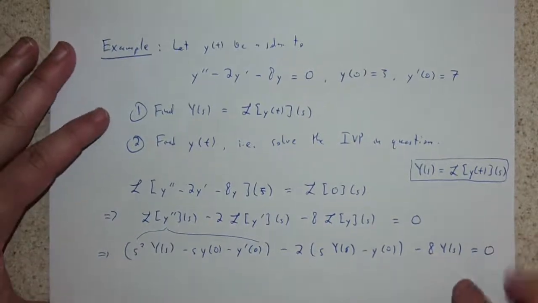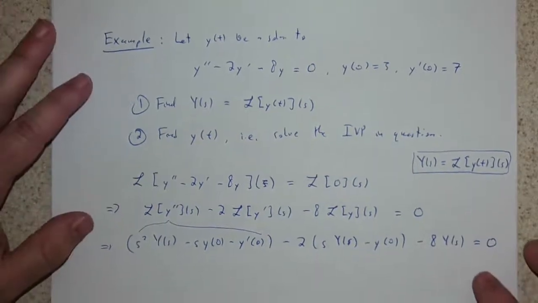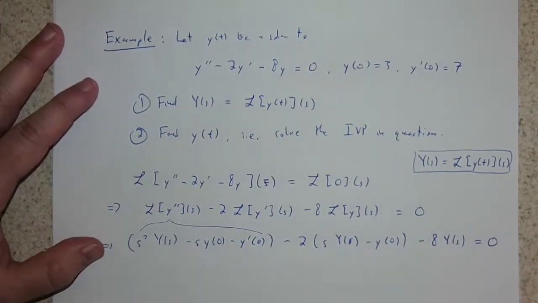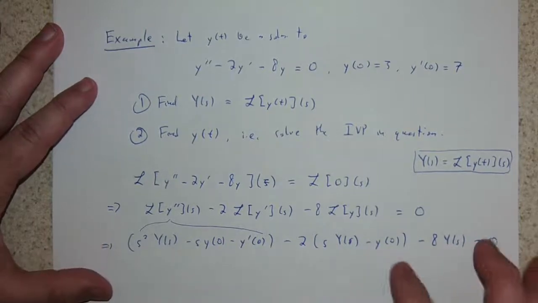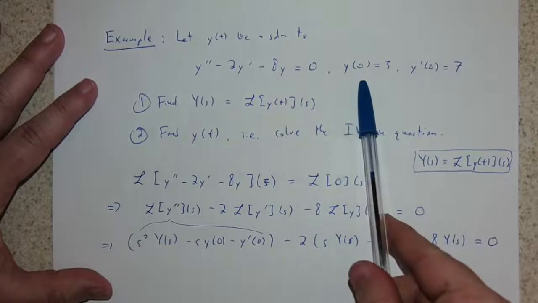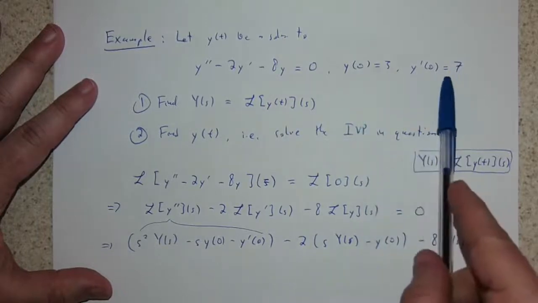Okay, now let's do some simplifying here. Group all of the things that have a Y of s in them and group the other terms separately. So this is an IVP: y of 0 is 3 and y prime of 0 is 7.